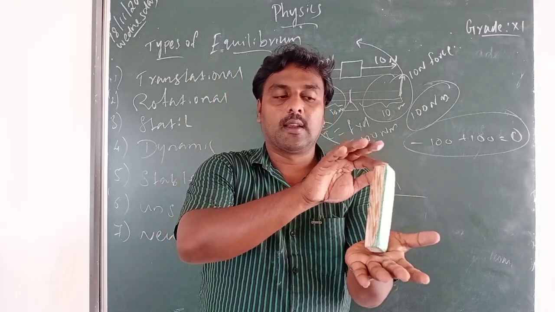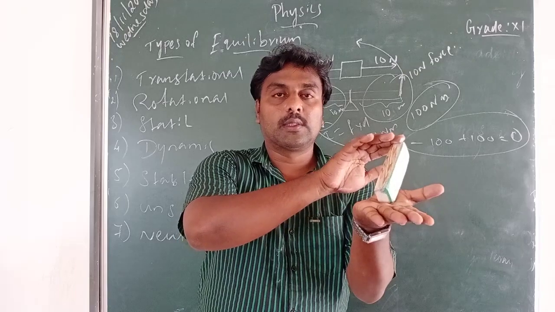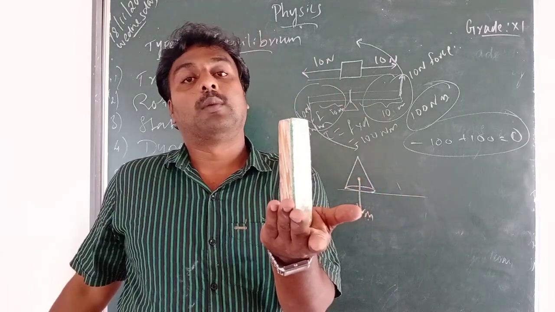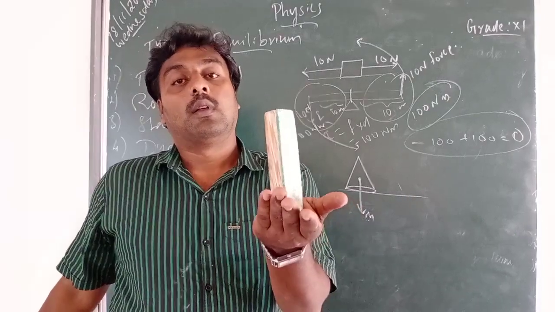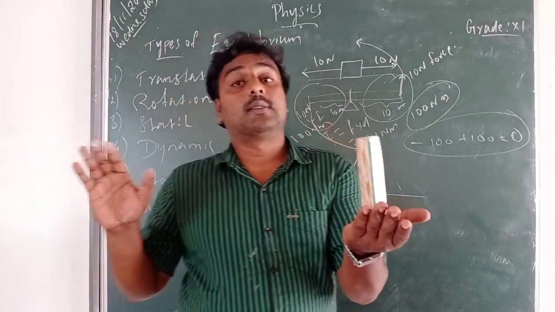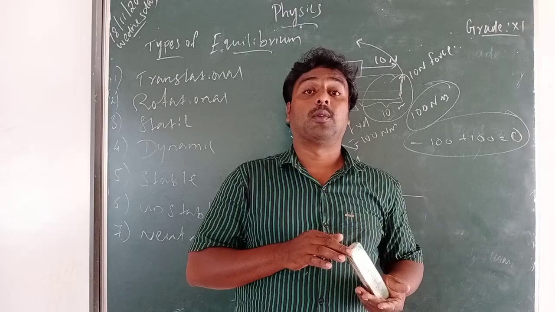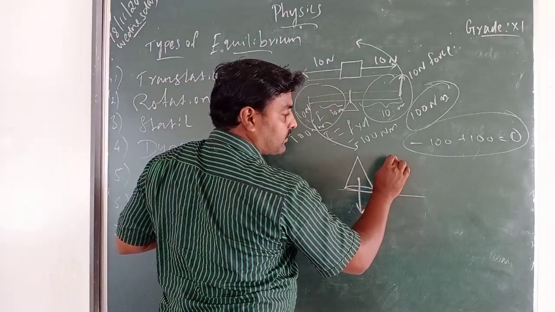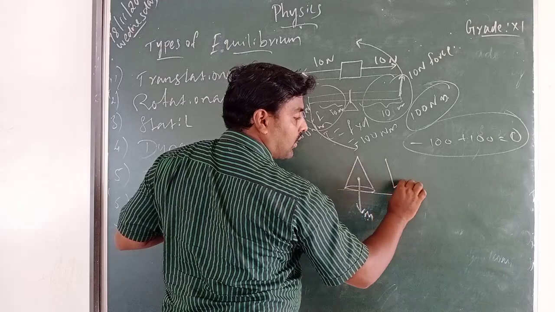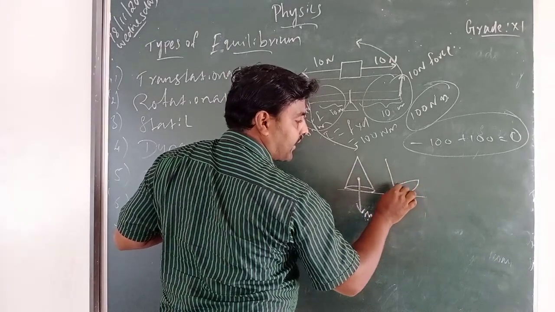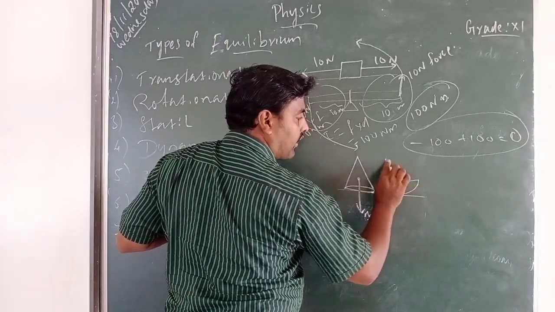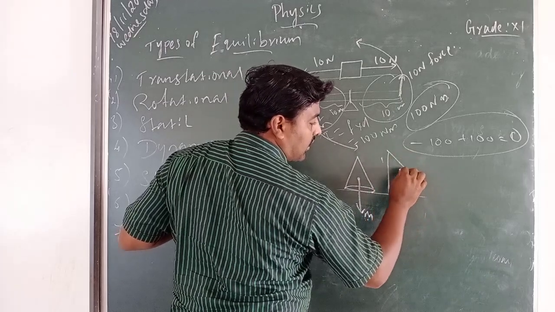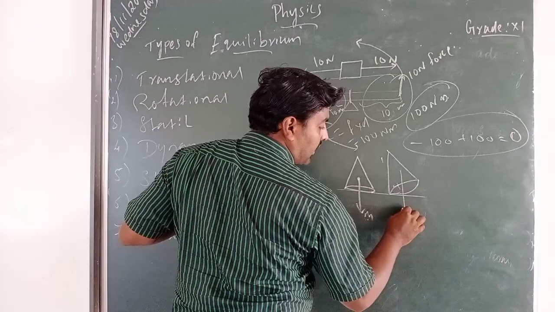You can see that the cone will go in this position, and again it will come back to its original position. This we can tell is stable equilibrium. If you tilt it slightly, the cone will come back to its original position.